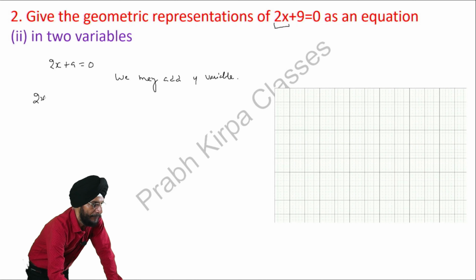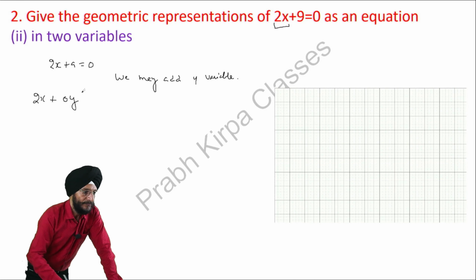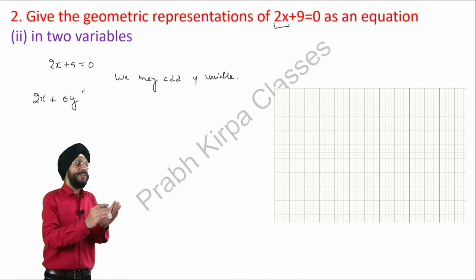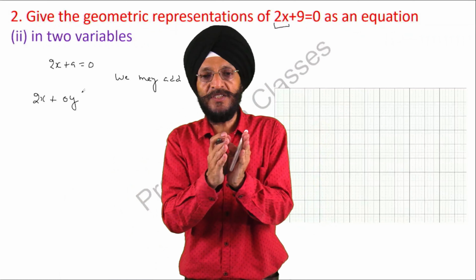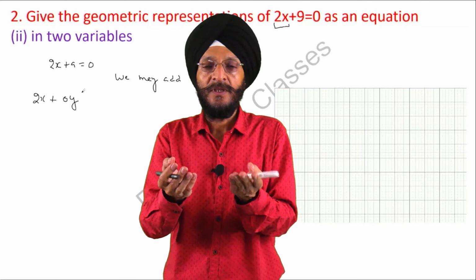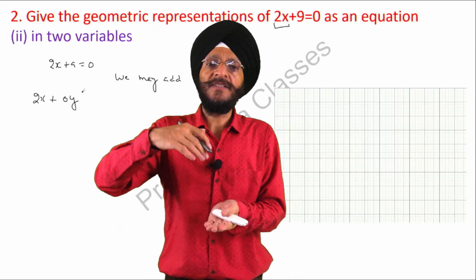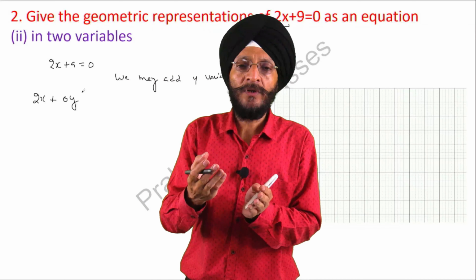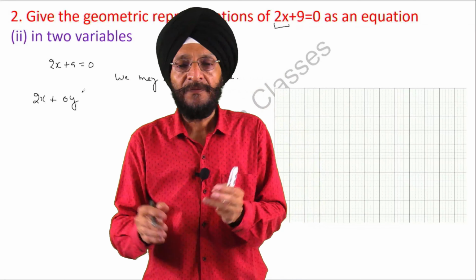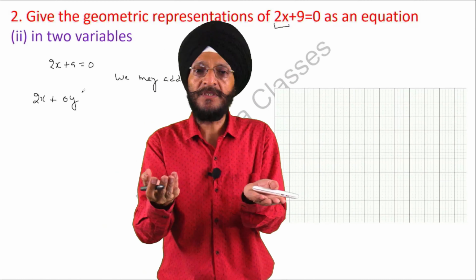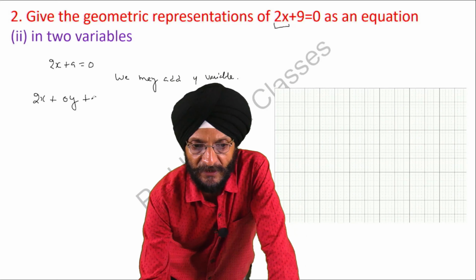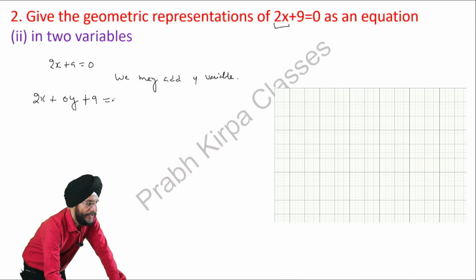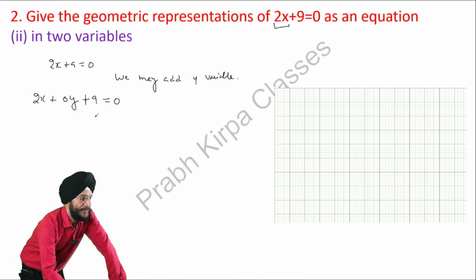How will we add? We will take 0y, because even if the value of y is say 5, when it is multiplied with 0, it becomes 0. Even if the value of y is somewhat more, say y is 20, when multiplied with 0, it becomes 0. So it does not affect the equation at all. So we may write it in this way.